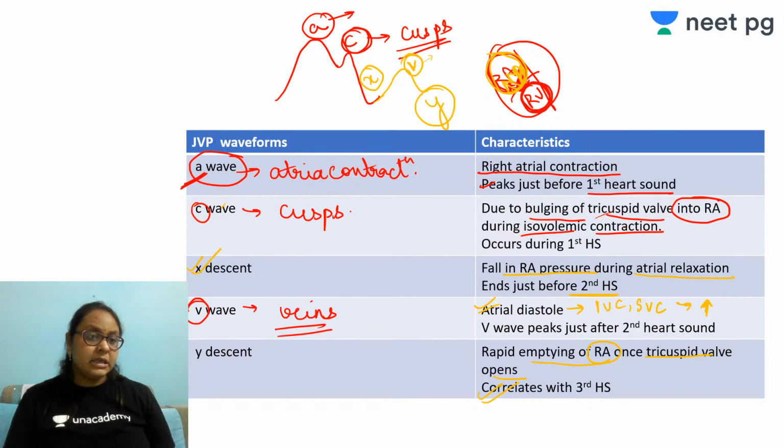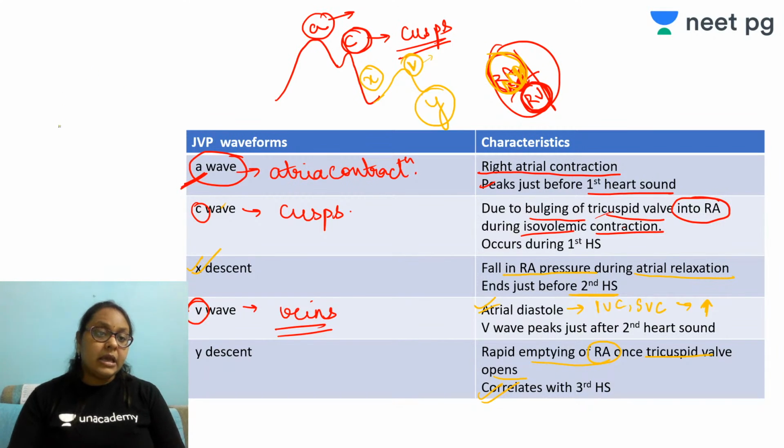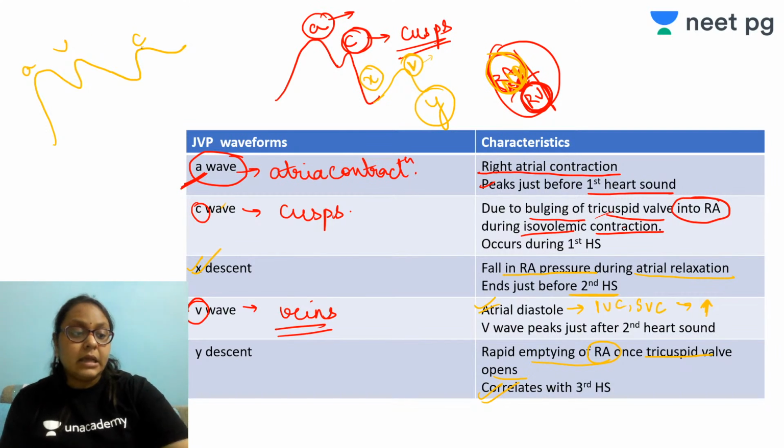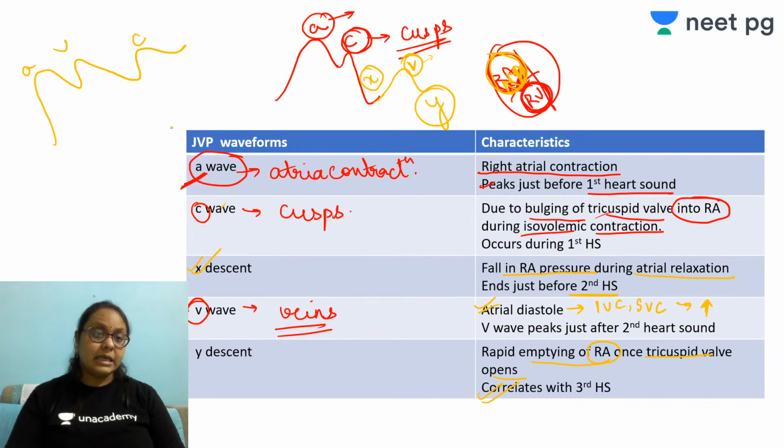See, if there is positive का मतलब हुआ there is an increase in the pressure, there is an increase in the right atrial pressure. So first, A wave is because of the atrial contraction.